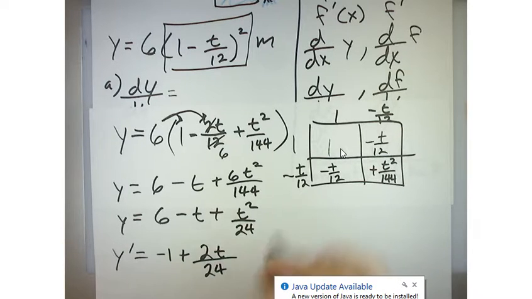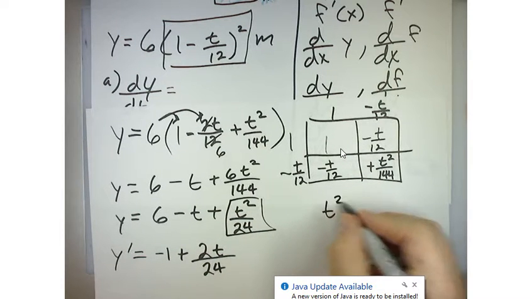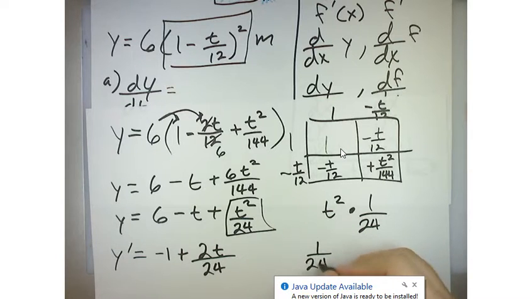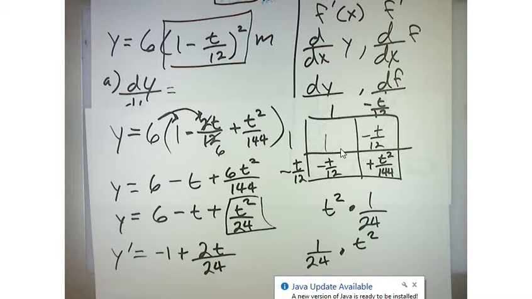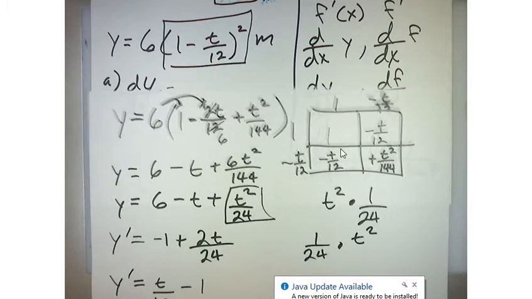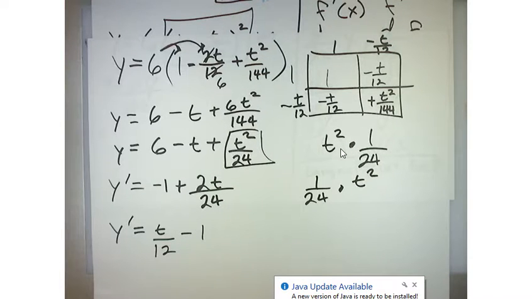The reason I do that is we could think of this as t squared times the quantity 1 over 24, or 1 over 24 times the quantity t squared. Since this is a constant multiplier, it just stays in there. So y prime, if I wanted to clean this up, would be t over 12 minus 1 if I wrote it in descending order. Does that seem right? I'll leave that up there for a second so you can let it soak in. So I think this is my rate of change.